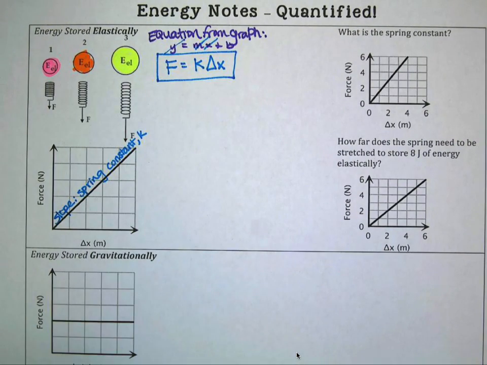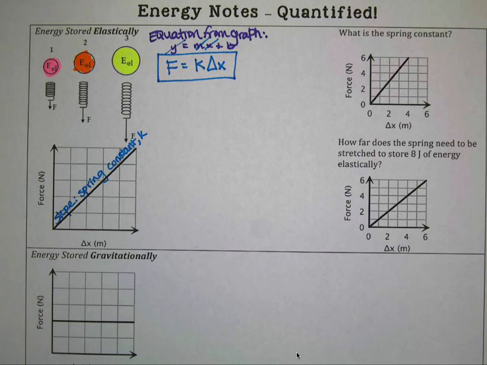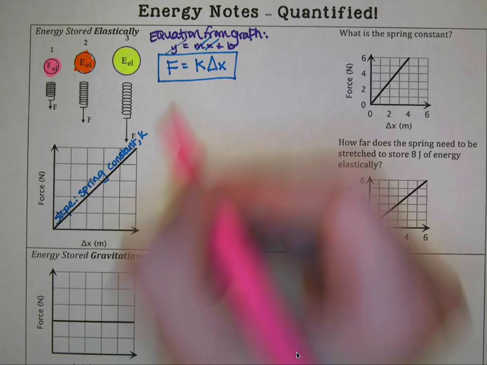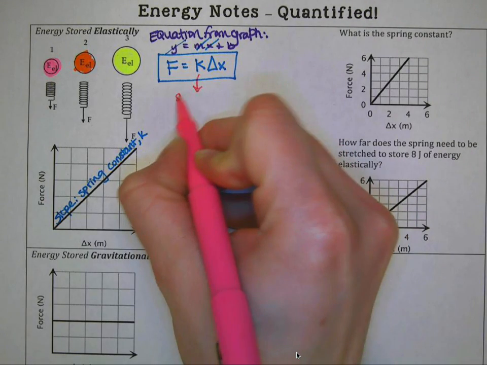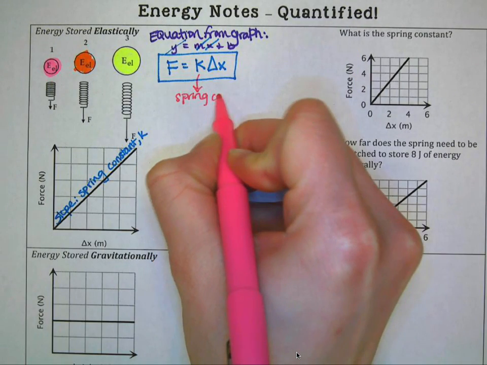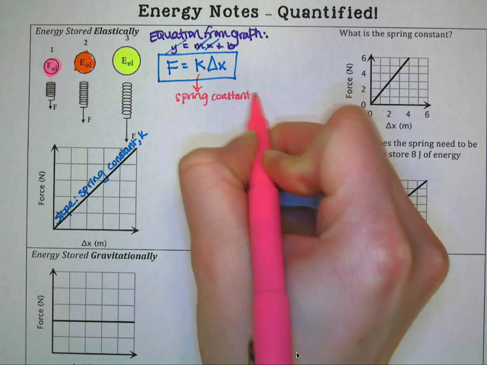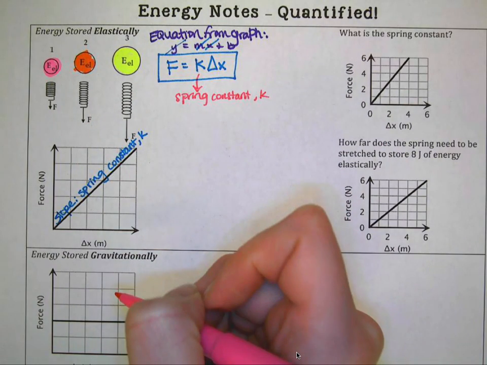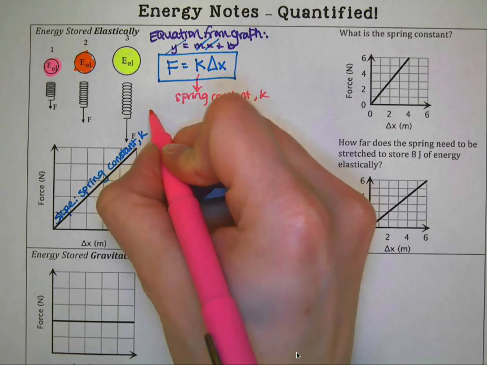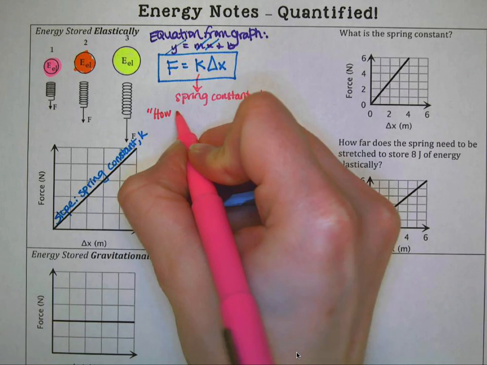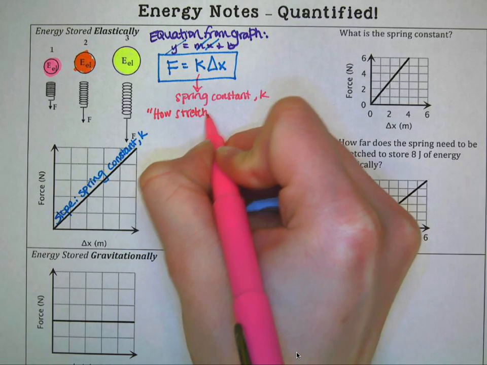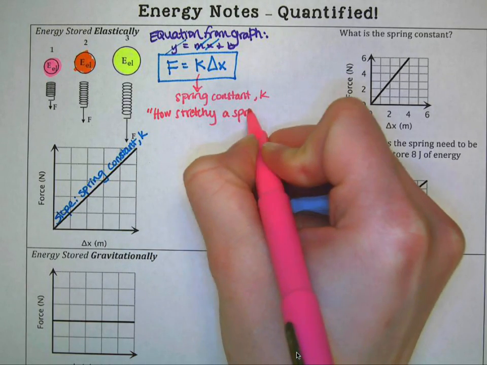So for us right now, we have F equals k times delta x, or the force equals the spring constant times the displacement. But really, what is the spring constant? To describe that a little bit more, it's really considered how stretchy a spring is.